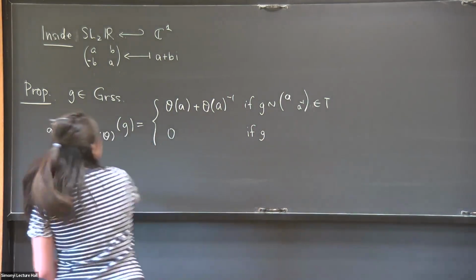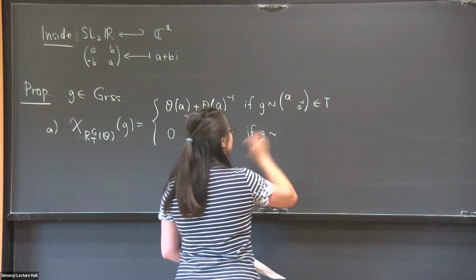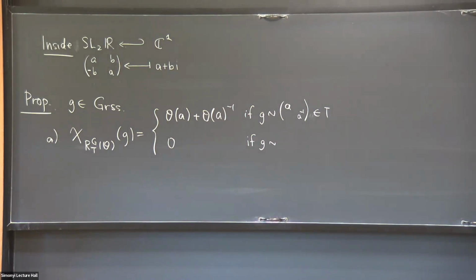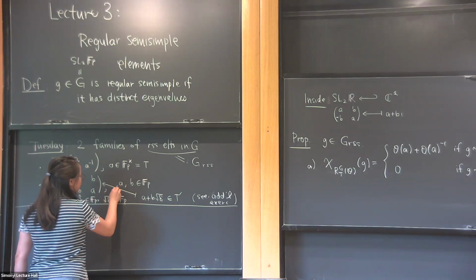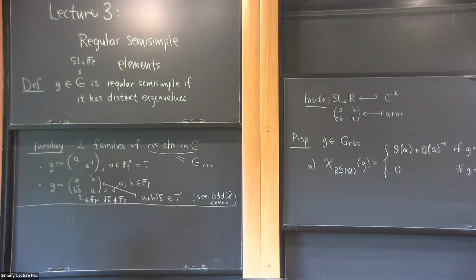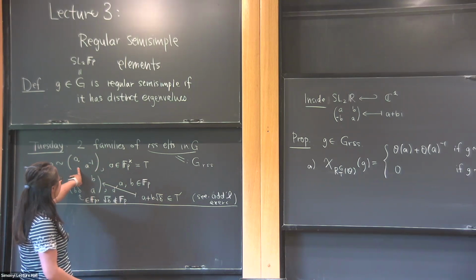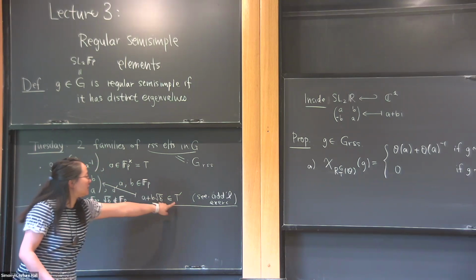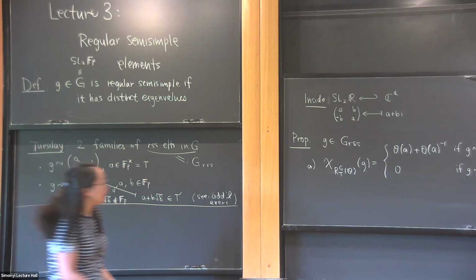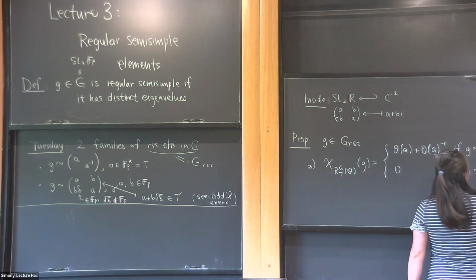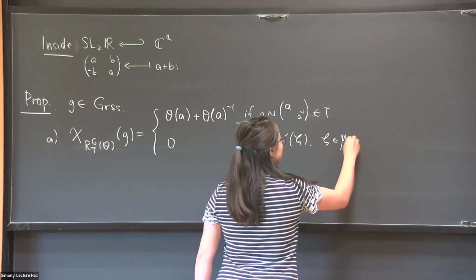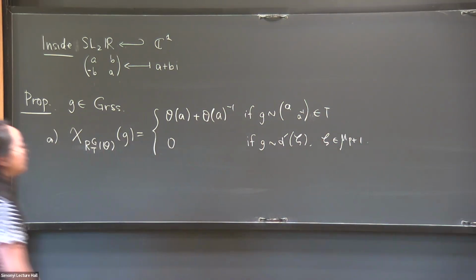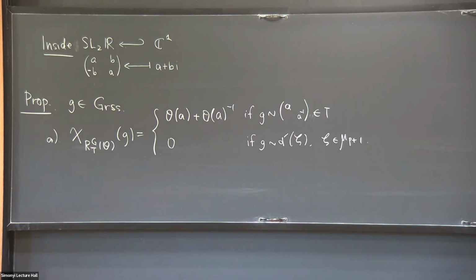So if g is conjugate to D'(zeta), where on the additional exercises this map was called D'; the prime is because D stands for diagonal, and this is T', so this is diagonal prime. Here zeta is inside the norm 1 elements, which I denote by mu_{p+1}.